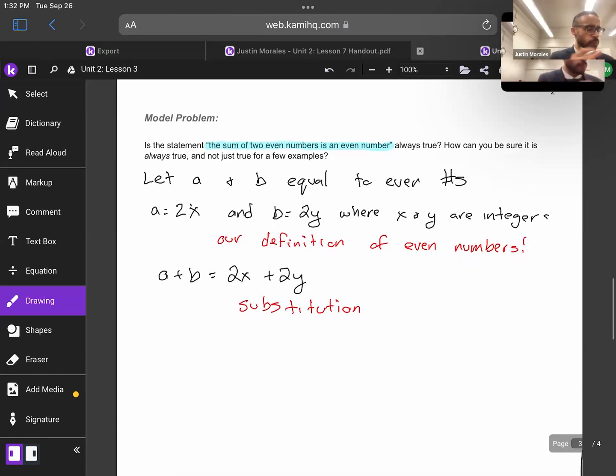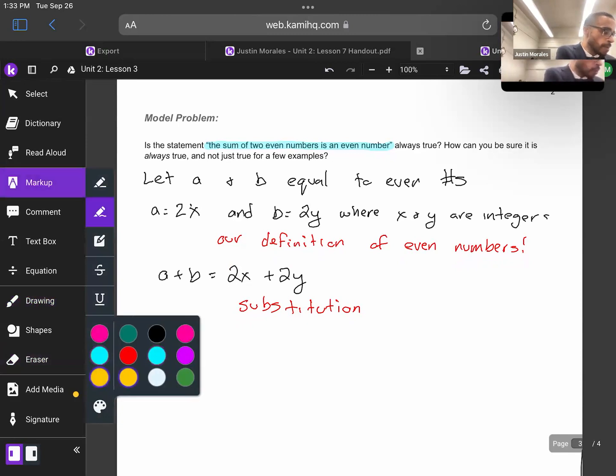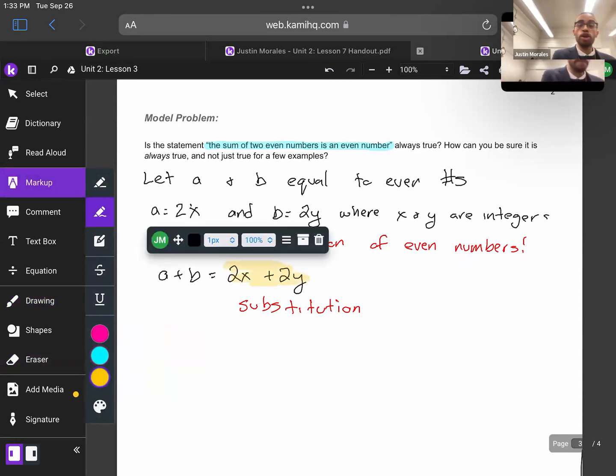So now we're here. Remember, our goal is to prove that 2X plus 2Y equals another even number. And what is an even number? 2 times an integer. So we want to manipulate what we have here already. It shows us doing 2 times a value.